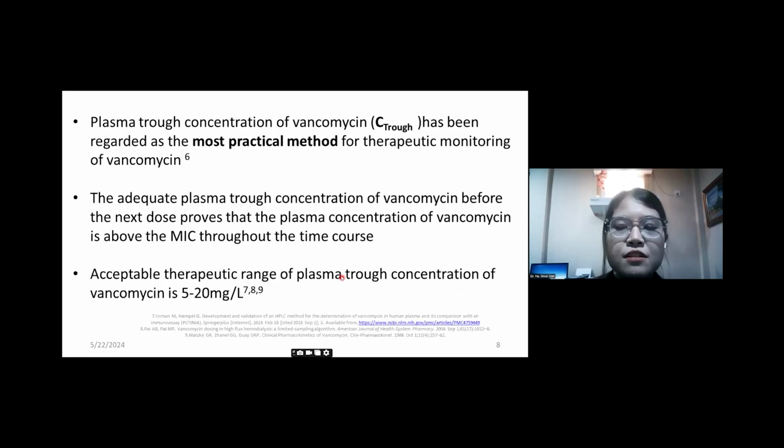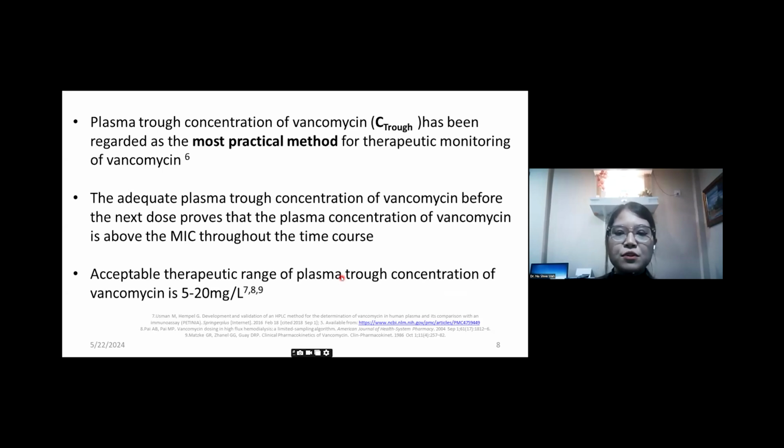The plasma trough concentration of vancomycin, C-trough, has been regarded as the most practical method for therapeutic monitoring of vancomycin, especially in patients undergoing hemodialysis, as the only blood sampling time before the next dose is required. The adequate plasma trough concentration of vancomycin before the next dose proves that the plasma concentration of vancomycin is above MIC throughout the time course between doses.